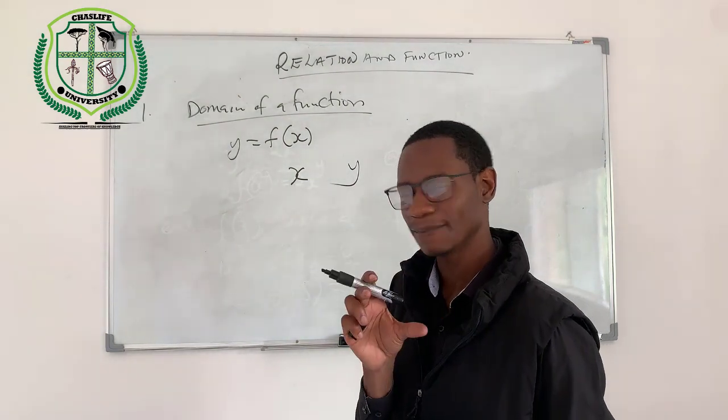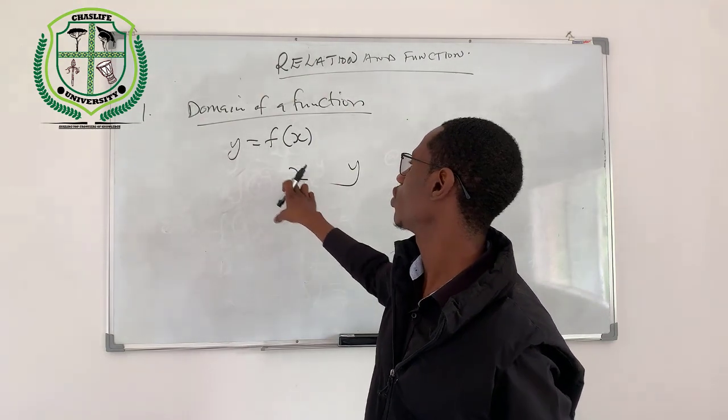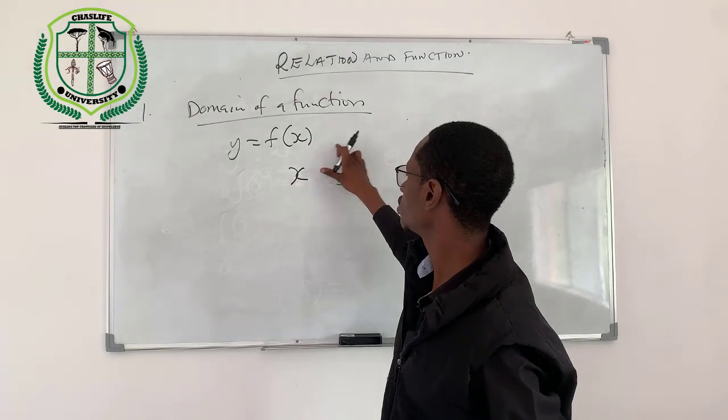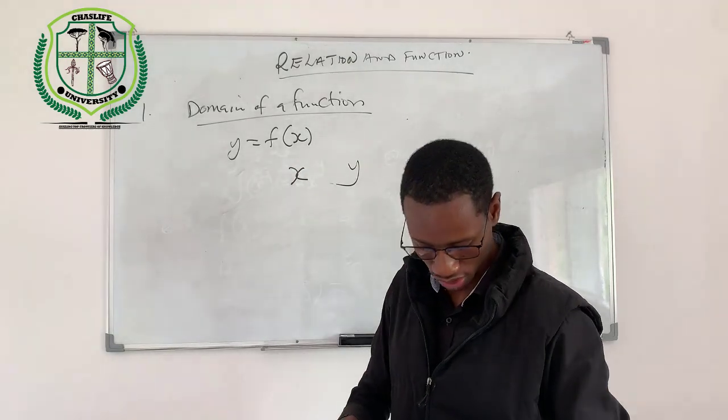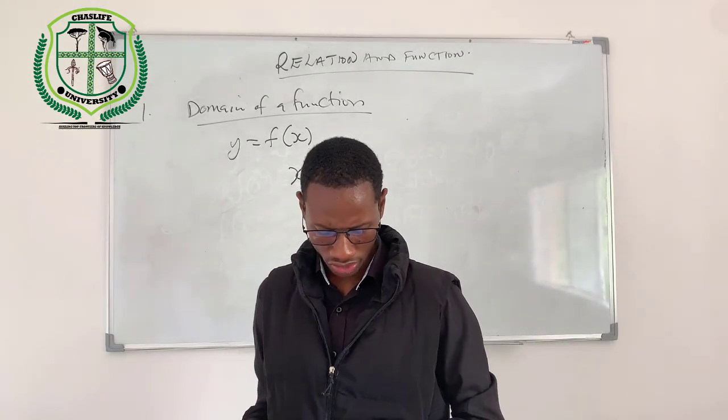Is that clear? So you replace them in the equation, and when you replace x, it will give you y. And when you replace y, it will give you x. That's what we're talking about.